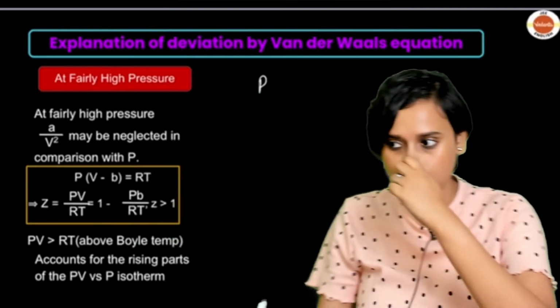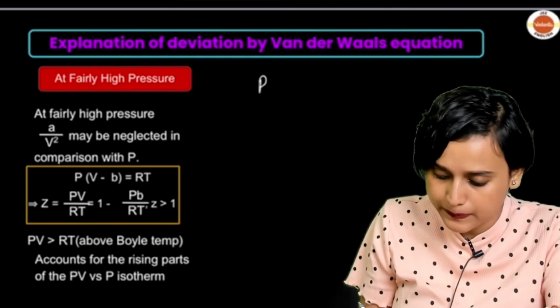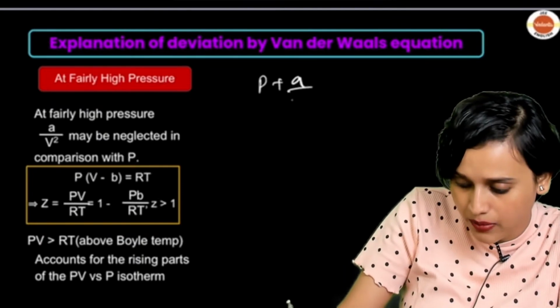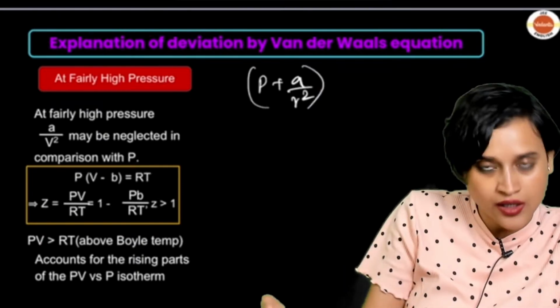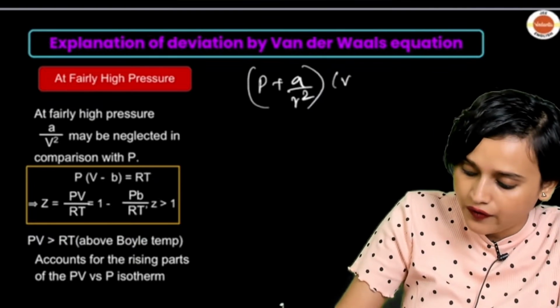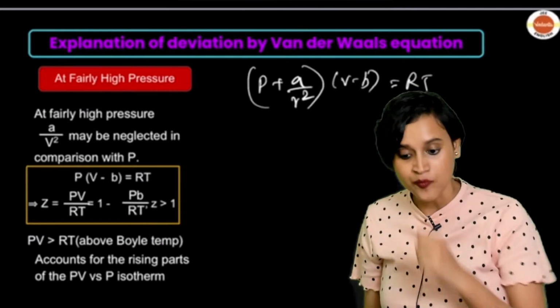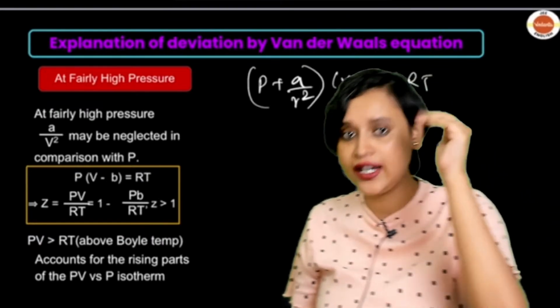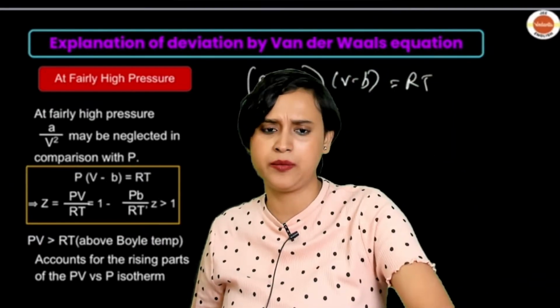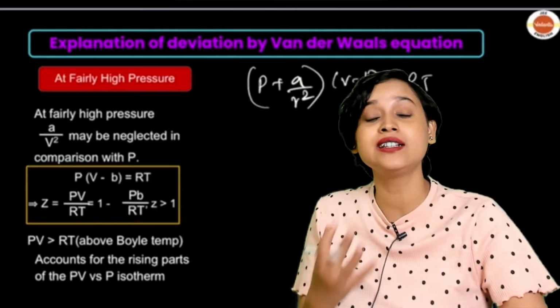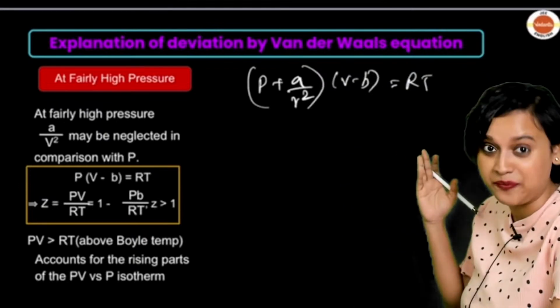Okay, good. So what was our formula? P plus a by V square, times V minus b, is equal to RT, isn't it? Now I'm saying at a fairly high pressure. Why am I saying temperature when it's clearly written pressure?